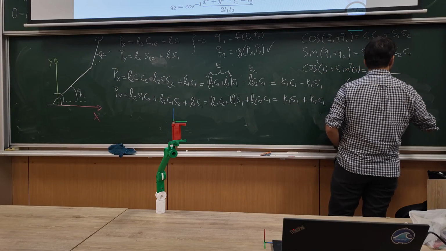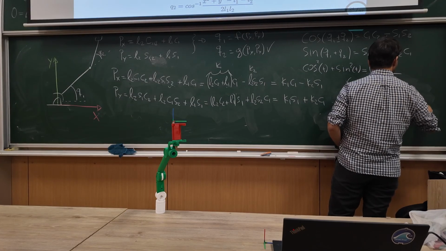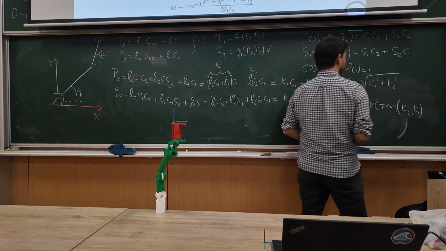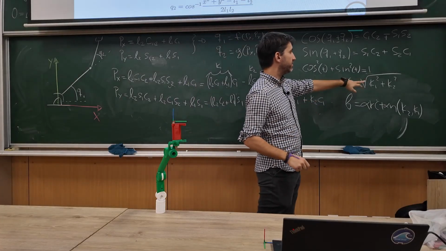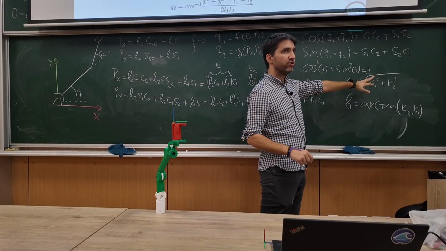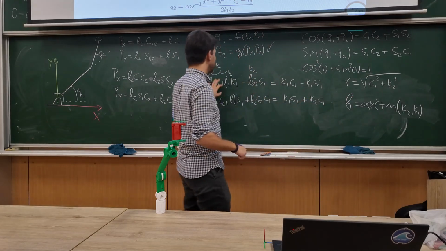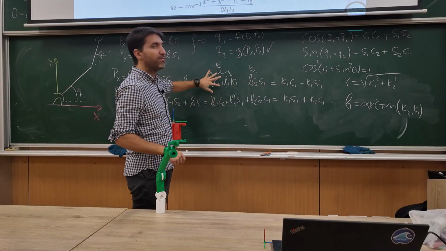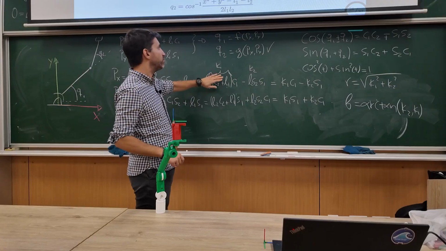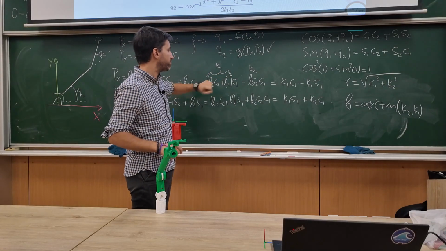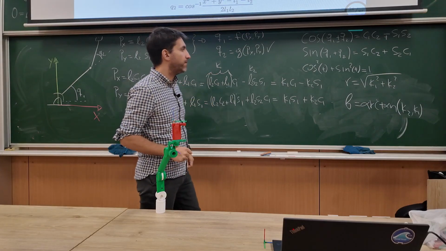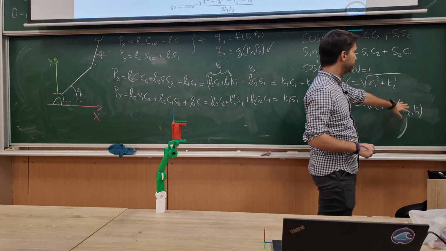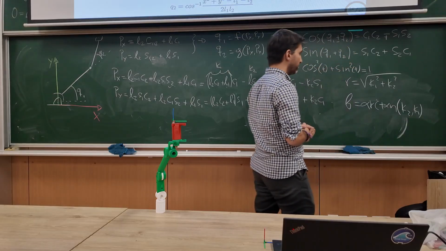Arctangent of kappa 2, kappa 1. All right, so I define a distance, which is the square root of the sum of the squares of these two variables. This is something we know, right? It only depends on Q2, and we have solved Q2, so we know it as a function of px, py, right? And this is an angle as the arctangent of these two, right?